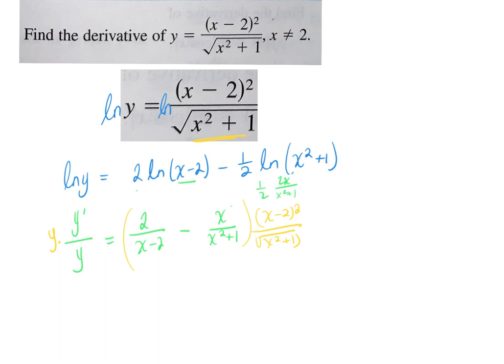All right, so when I do this, the easiest way is to get a common denominator in here first, okay? So simplify that group first before you multiply the other group through. My denominator here is x minus 2 times x squared plus 1, right?